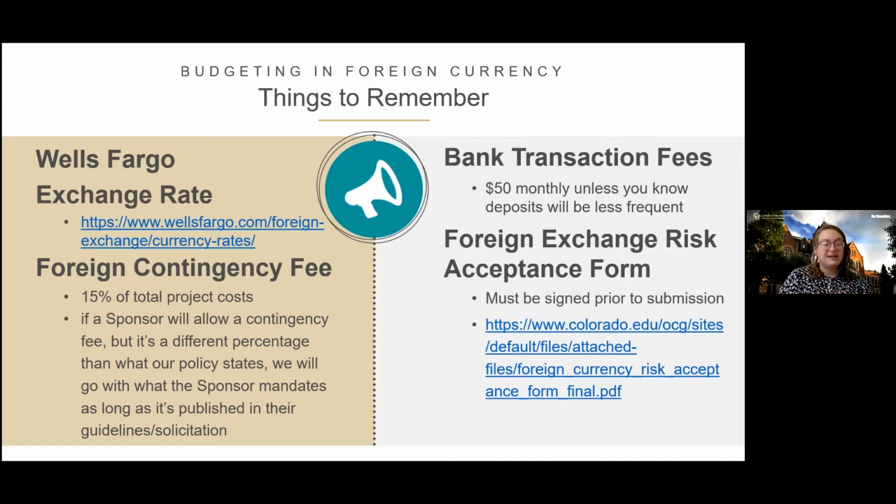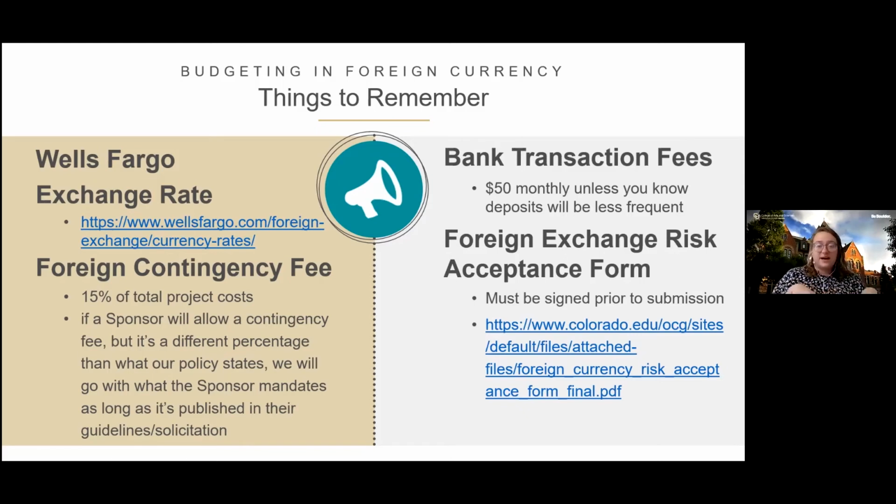For the same reason we have the contingency fee, we get this form signed off because there is a risk to accepting something that's in yen or euros when we don't know what the strength of the dollar will do relative to those currencies over a 5-year project that's maybe not awarded for a year. So we're talking about far enough into the future that we can't be certain.